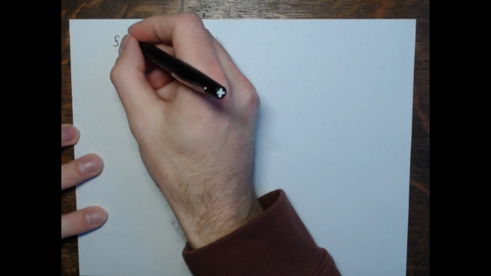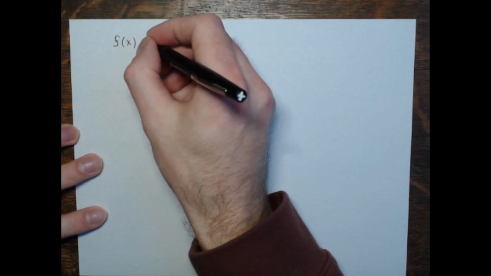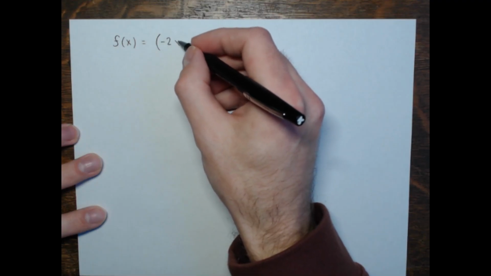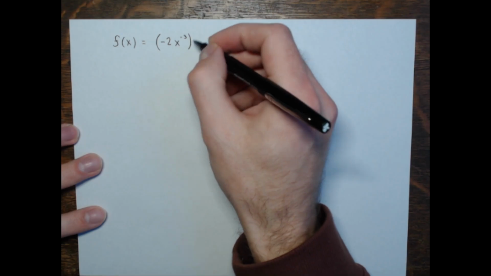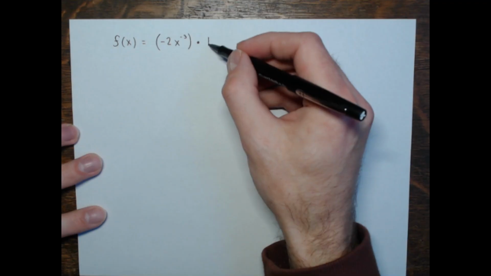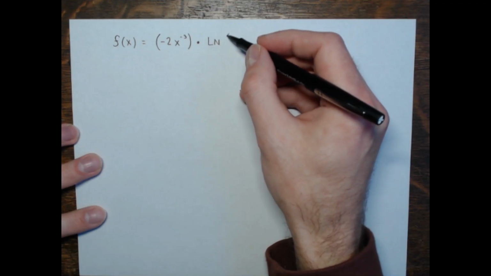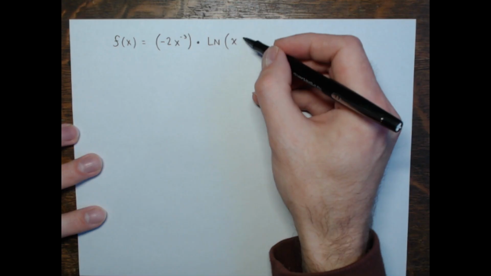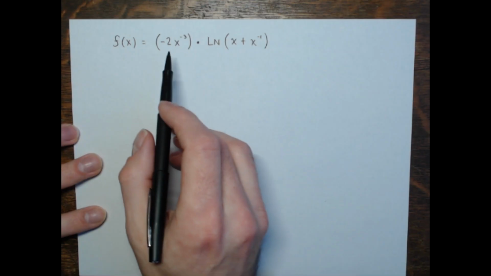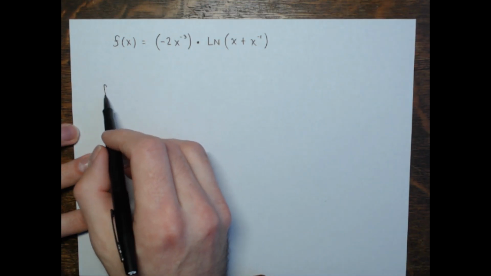So here's the way it originally looks. So again, I'll put this in parentheses. Here's my first factor, negative 2 times x to the negative 3 times, and then the other factor, natural log of x plus x to the negative 1. So again, product rule.